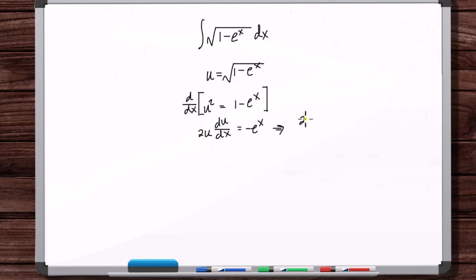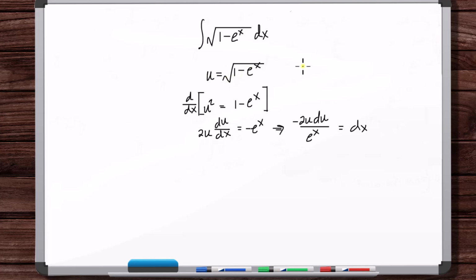So we want to just solve for dx. So we've got 2u du over, and so minus up here, and then e to the x, is equal to dx. Okay, but this e to the x, we need to get rid of this e to the x. How do we do that? Well, we come here, we solve for e to the x.